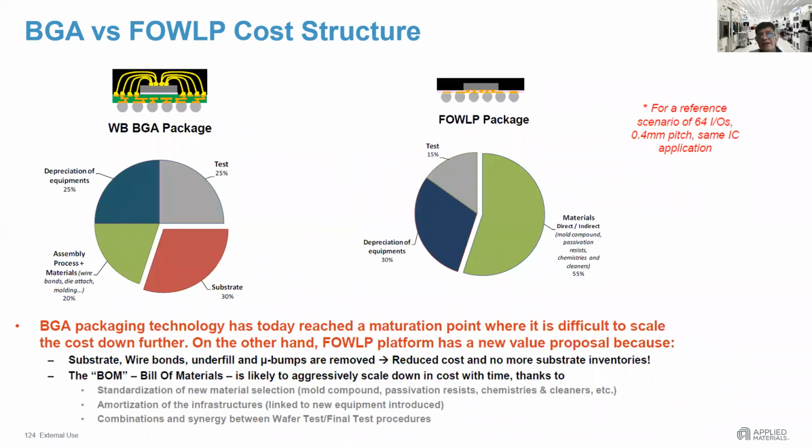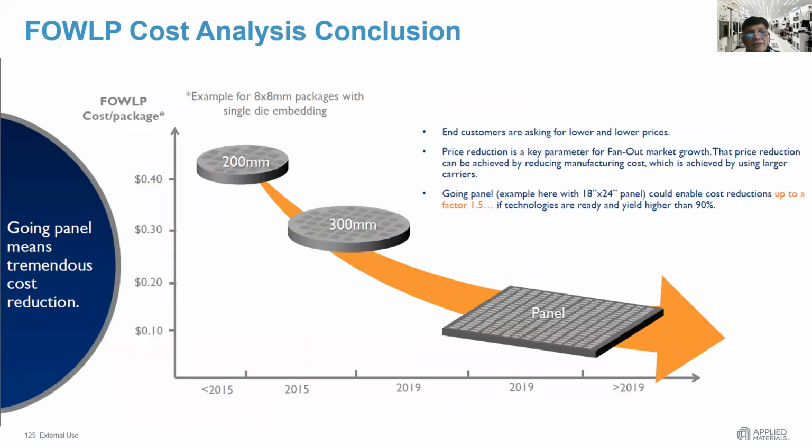And then the reality is, perhaps as you go ahead, if you take out the depreciation factor of the current material, current equipment usage, then you'll find that this is actually very, very practical. And as time goes by and depreciation levels out, fan-out wafer level package will be getting that much more common and practical out there. So what is the cost analysis?